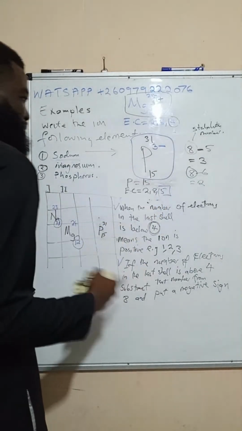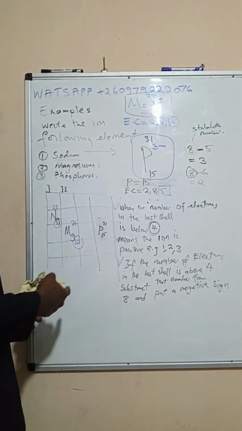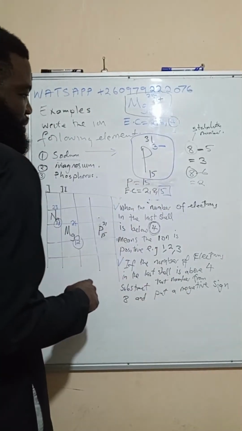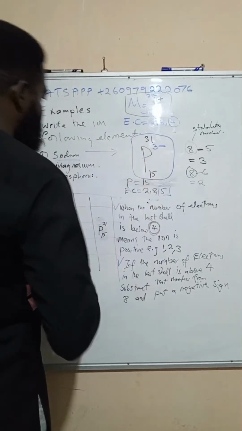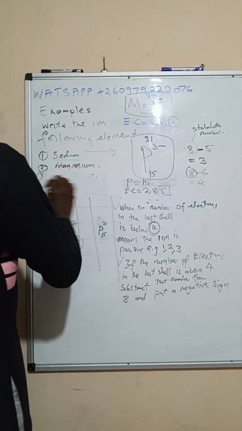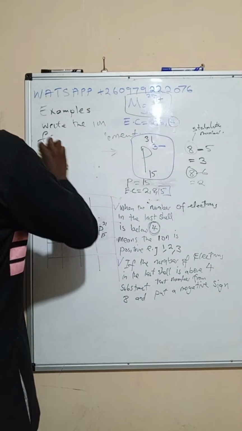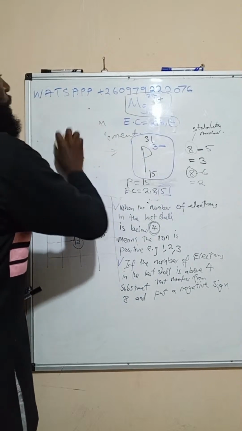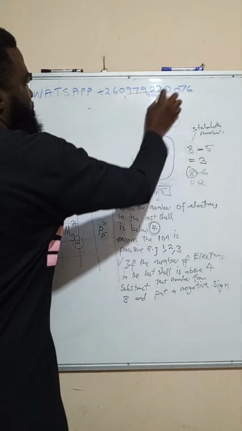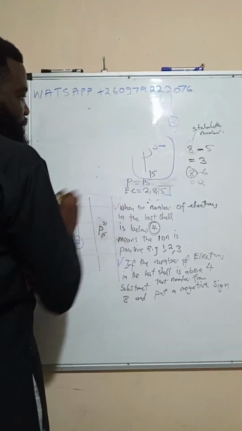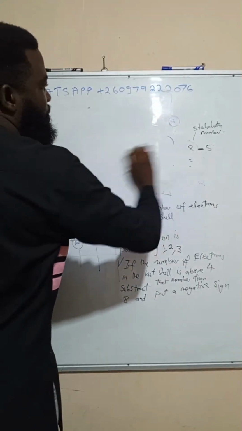When the last number is above 4, subtract from 8, put a negative. Please take advantage of the periodic table, that's where you'll be finding these elements.